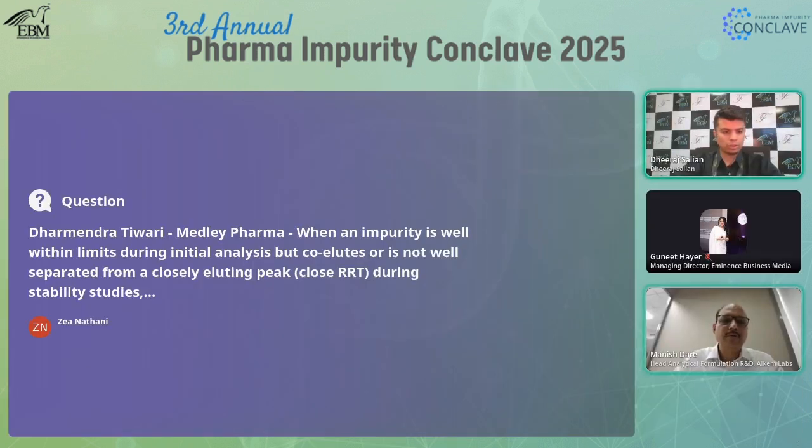All right. Now he mentions when an impurity is well within limits during initial analysis, but co-elutes or is not well separated from a closely eluting peak, close RRT, during stability studies.